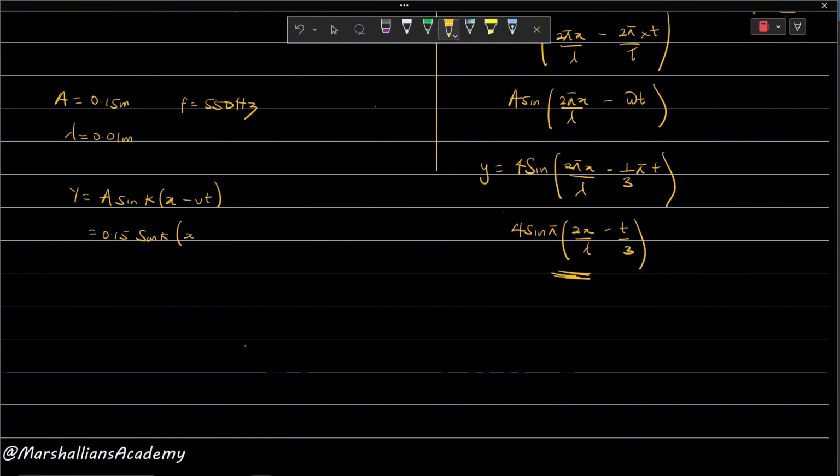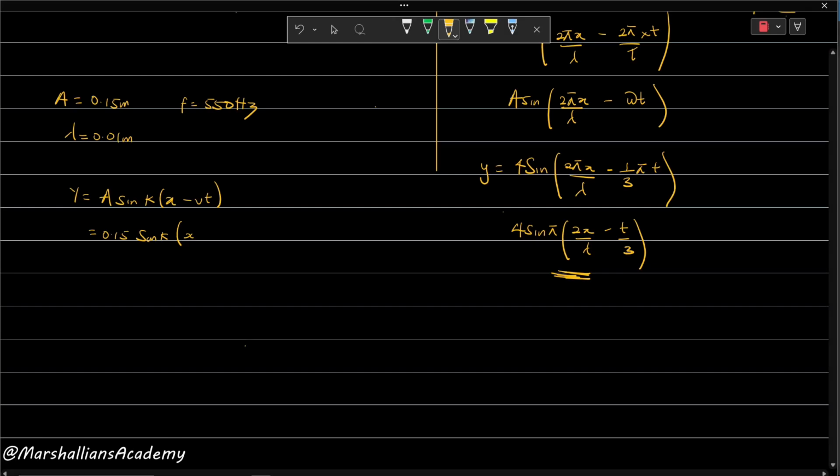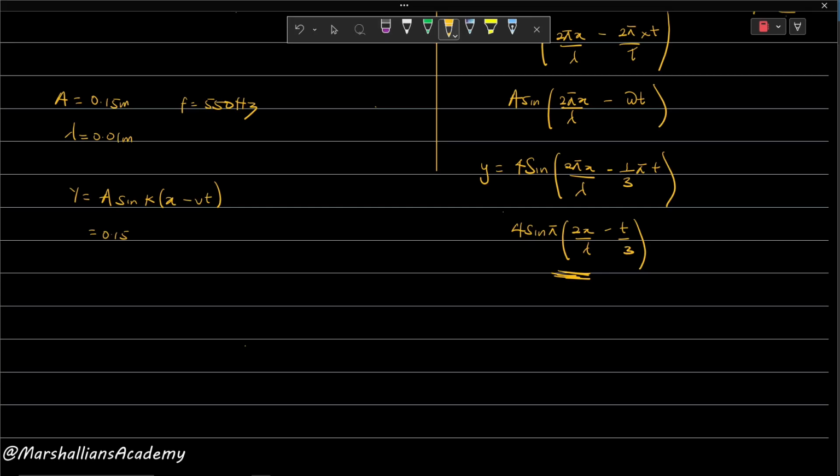Now pay attention to this very, very carefully. How does f come into the picture? Now look at it. K is 2 pi over lambda. So I'm going to be doing sine 2 pi over lambda into bracket x minus vt.